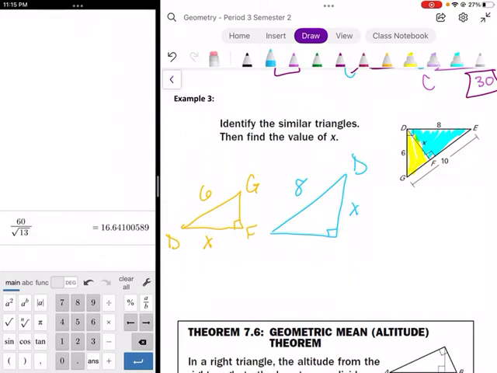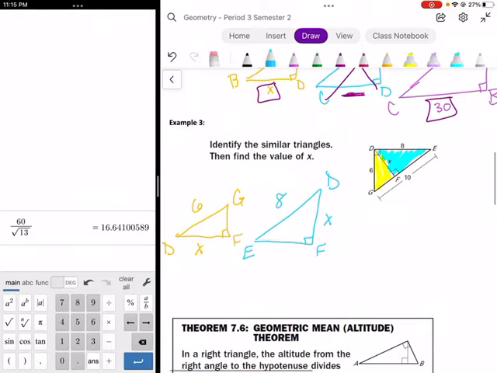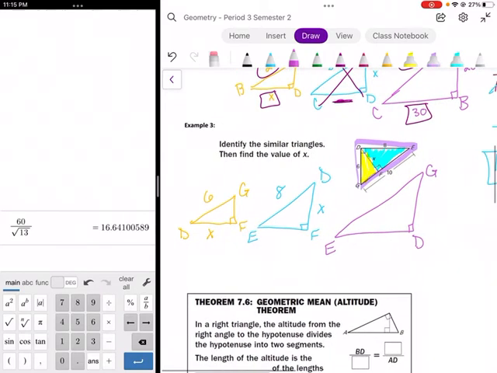And the points would be D, F, and E. And lastly, we're going to do that outside triangle, which D would be the hypotenuse, G, and then E. So if we were to label our lengths, we would have 10, 6, and 8.